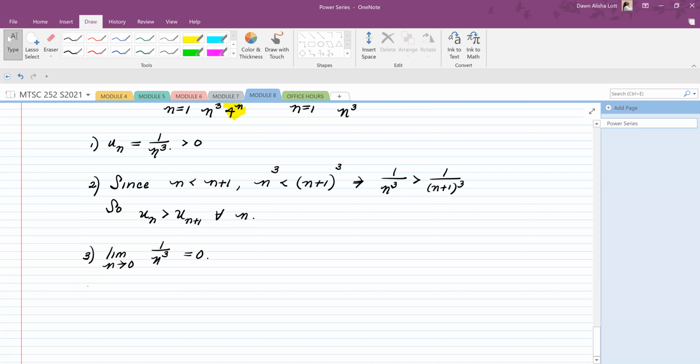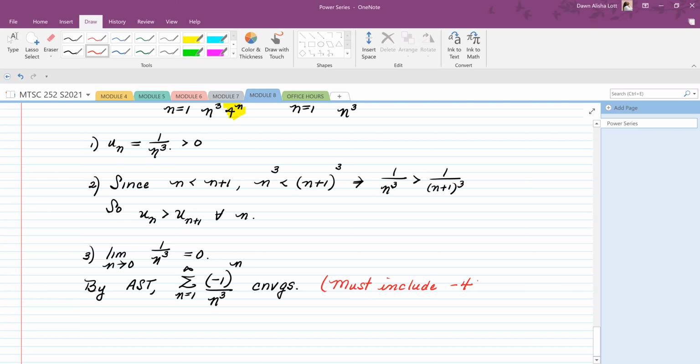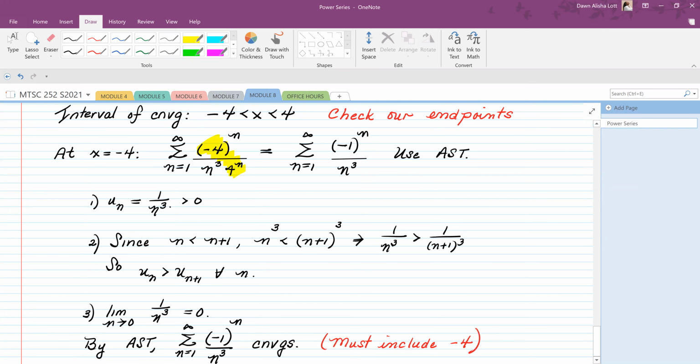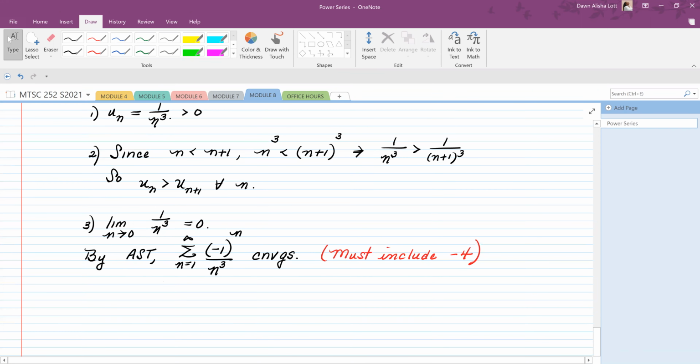So by the alternating series test, the summation n equal 1 to infinity of minus 1 to the n over n cubed converges. Okay, so that lets me know I need to include -4.